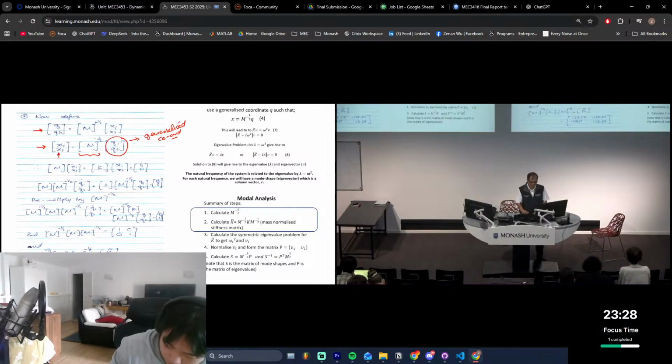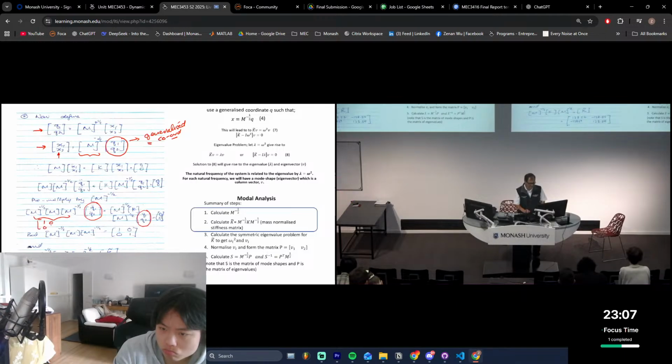I'm still dealing with this generalized coordinate. What this allows me to do is to rewrite this equation of motion in terms of Q1 and Q2. Now I have an identity matrix here, which means that I have normalized the mass, and this matrix here will be the normalized stiffness matrix, which is step number 2.